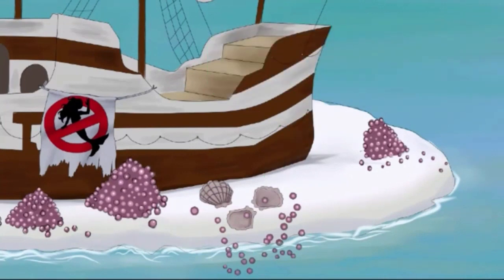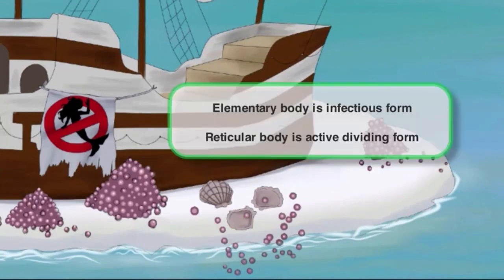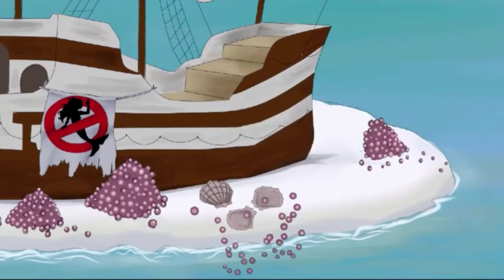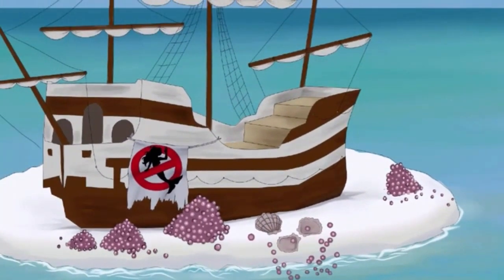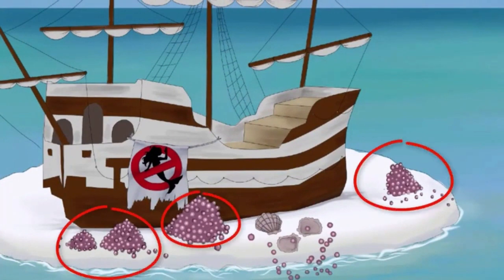And the final stage is the release of these newly replicated bacteria out of the cell. And now again they're in their elementary form, and this cycle repeats. In short, the elementary body is the infectious form, and the reticulate body is the active dividing form, or elementary enters and reticulate replicates.